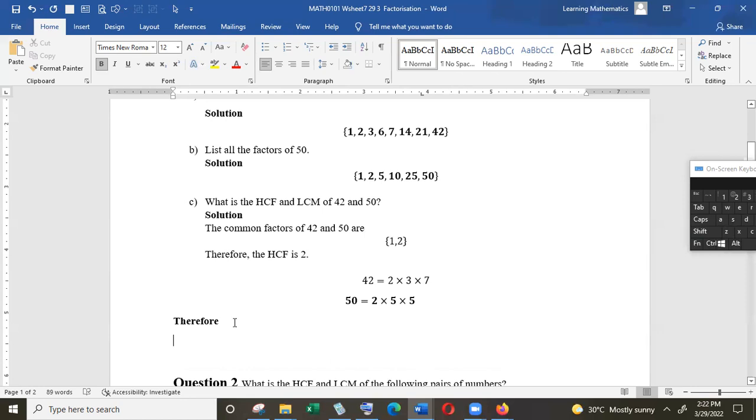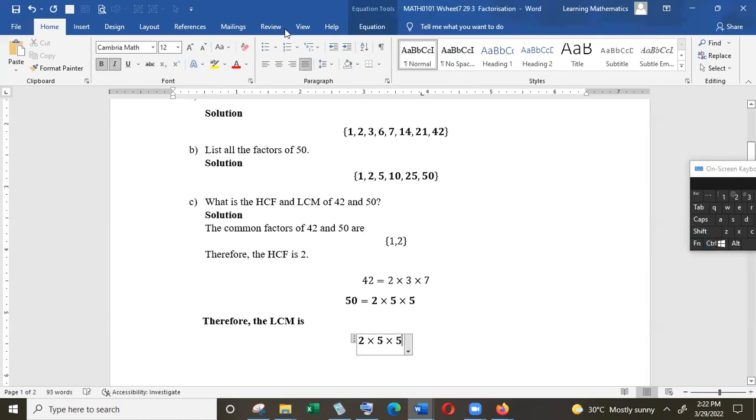Now the LCM. What you do is write down the highest one first, which is 50.